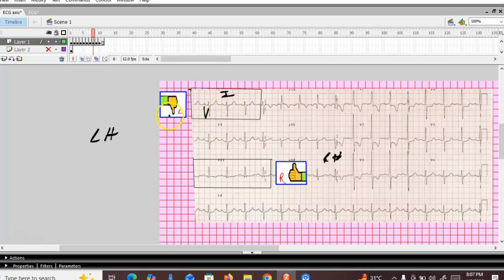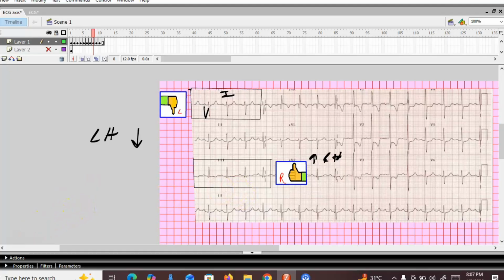In the left hand, the deflection is downwards and in the right hand, the deflection is upwards. So the right thumb is up. So it is right axis deviation. Practice it a few times and you will come to know it's not that difficult.